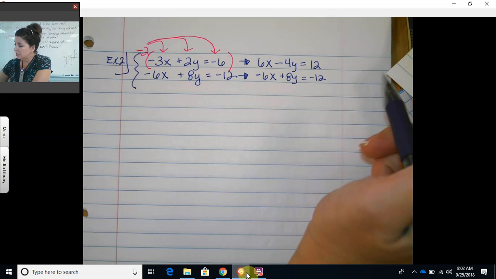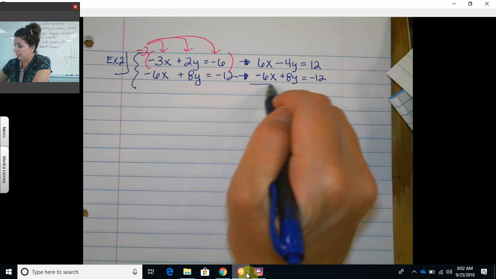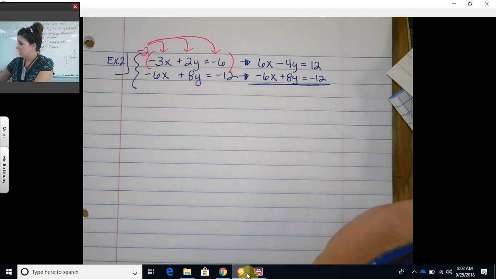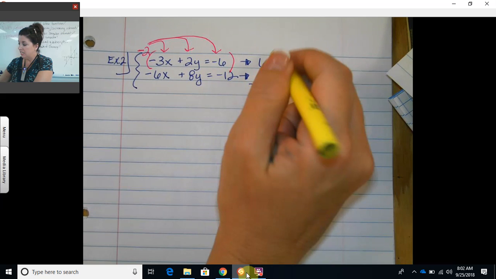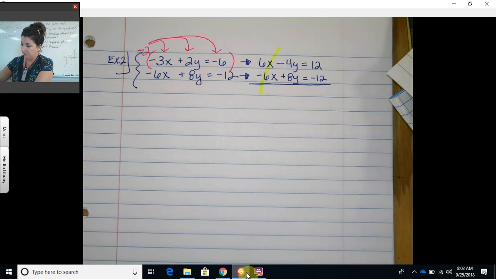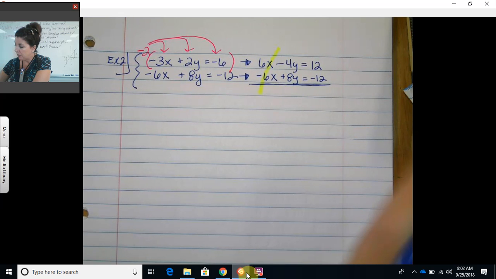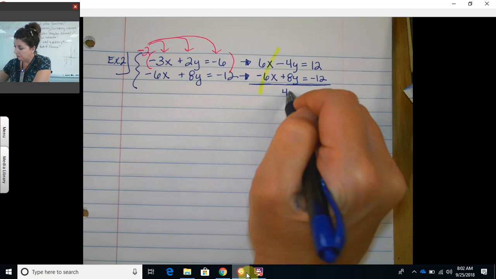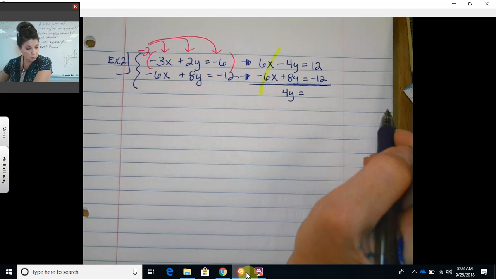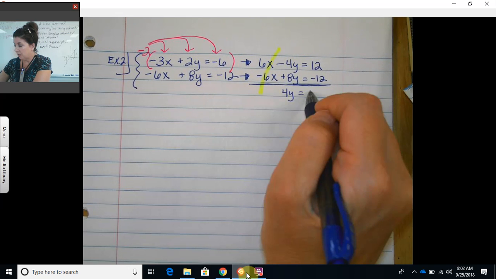Now notice my x's will eliminate, which was my whole goal. So 6x minus 6x is 0. We say they eliminated. Negative 4y plus 8y is positive 4y equals 12 minus 12 gives me 0.